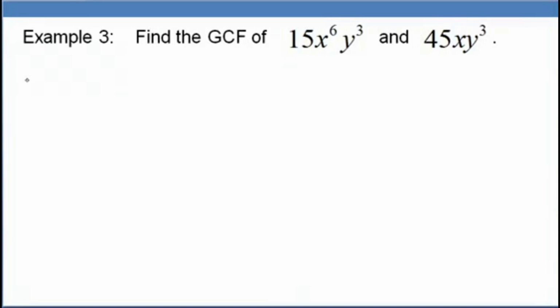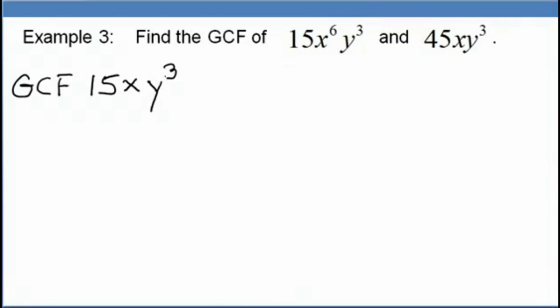I'm just going to go ahead and write that on the side, but then we'll verify it. And also from our last example, remember if the variable is in each one, you go with the lowest. So the x is in each one, we'll go with just one x. And the y is in each one. These are the same. So y cubed is actually common. Right, so 15xy cubed is actually our GCF, and we didn't really have to write out anything.